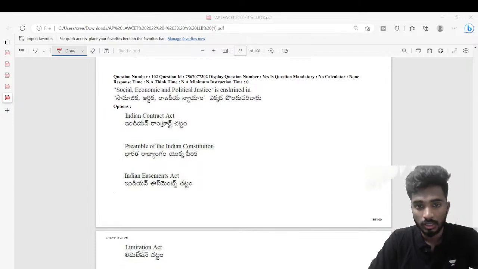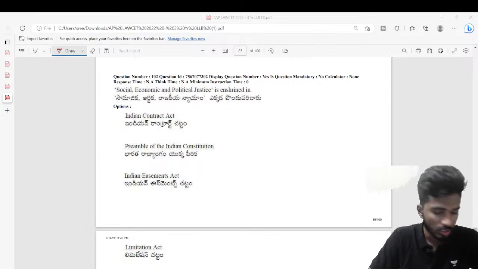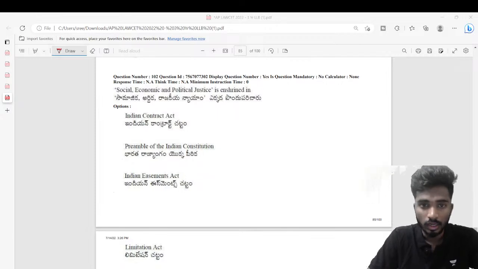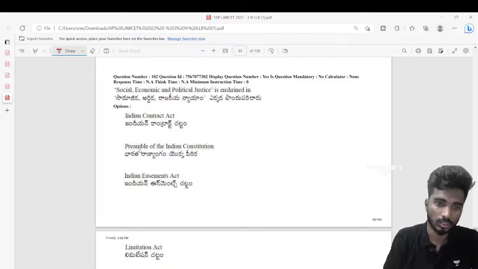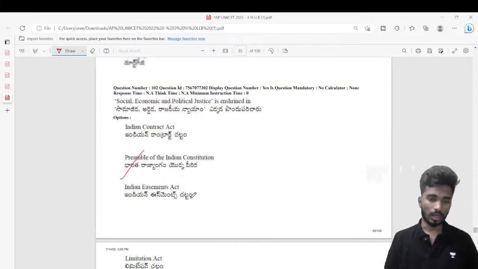The answer is the Preamble to the Indian Constitution. So in the Preamble to the Indian Constitution, how many types of justices are there? Social justice, economic justice and political justice. So the Preamble is the right answer. Well done, well done.